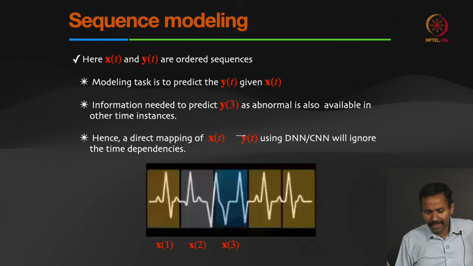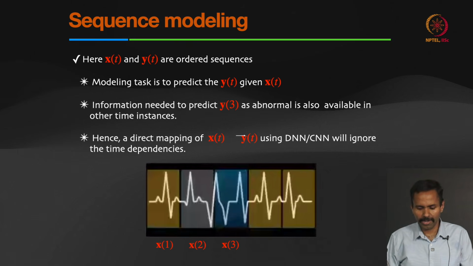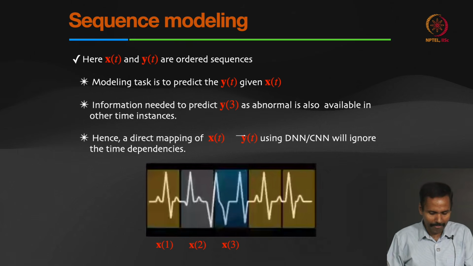So if I now ask the question, why can't we use more conventional models, like a deep neural network or a convolutional network that some of you may be familiar with, to directly take every instance, say an x of t, directly to y of t? So you do it for x1, then for x2, then for x3 and so forth. The first thing you already see is that by the time you have reached and started calling something, the event has already occurred, right? It is not predictive anymore. You already have at least one instance of abnormal heart activity.